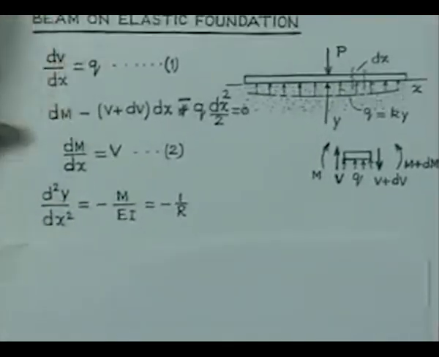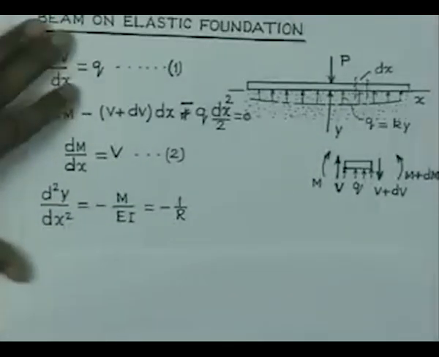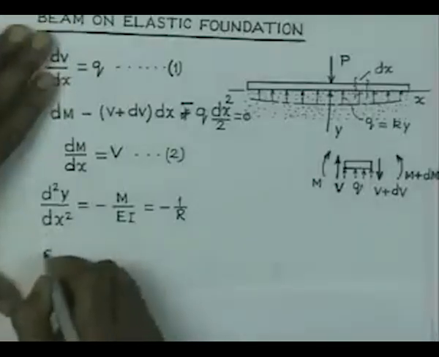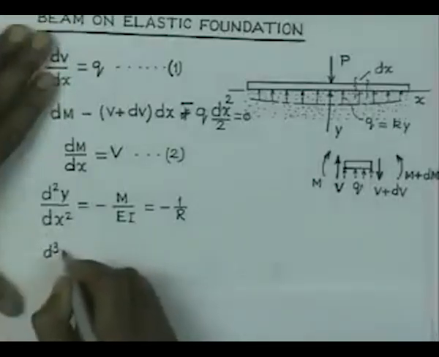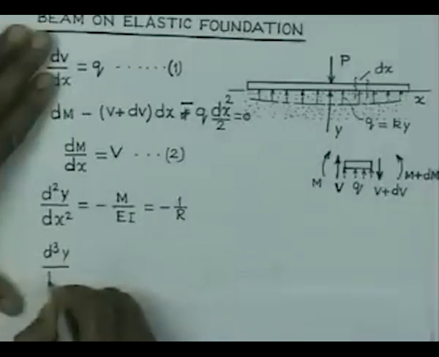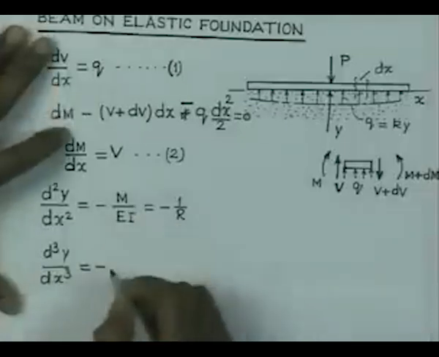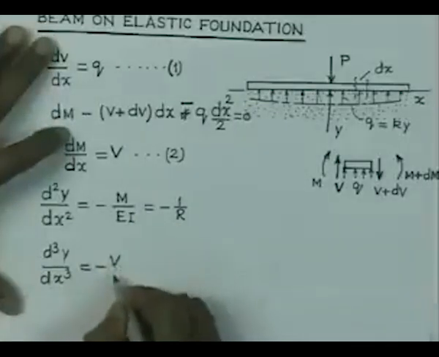Now, having got it, we can do a little bit of manipulation on it. If I now try to write d3y/dx cubed, it is nothing but dM/dx, so that will become V by EI.